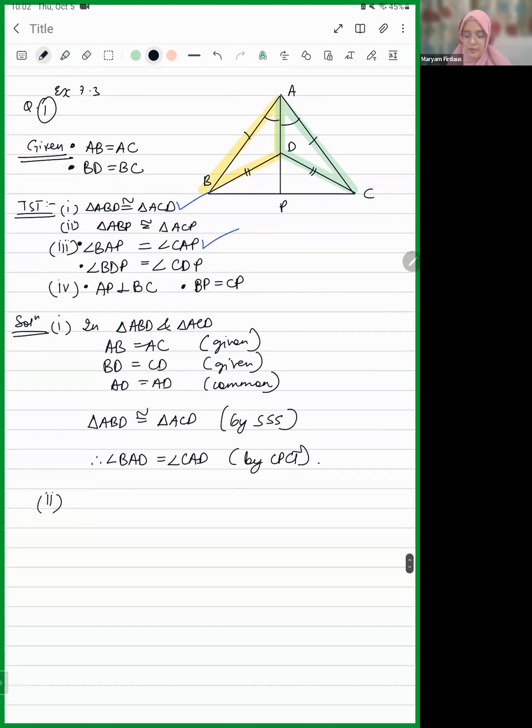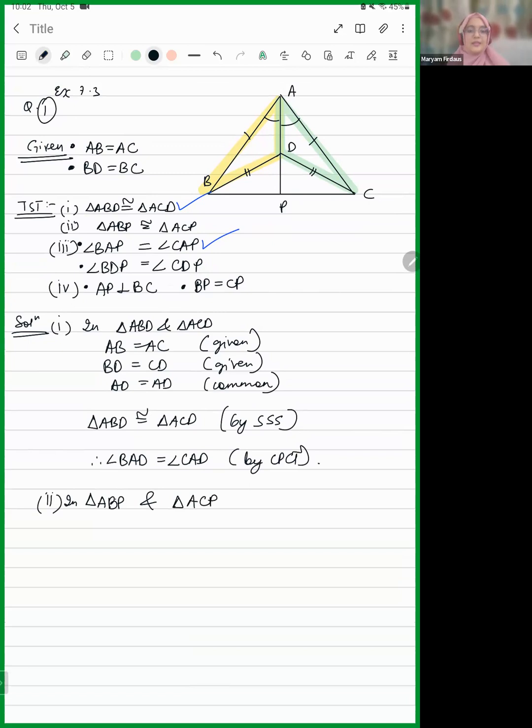In the next part, you have to prove triangle ABP is congruent to triangle ACP. Okay, so see, this is how we write in triangle this and this. Now we are going to talk about those two triangles. AB and AC are equal, given.